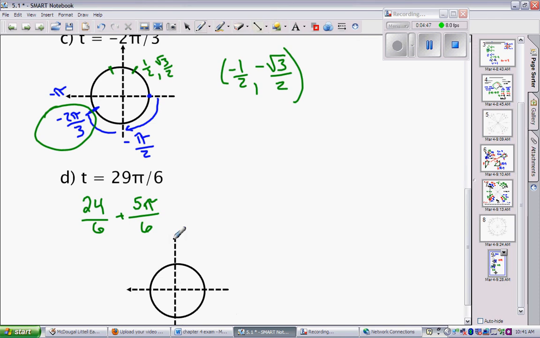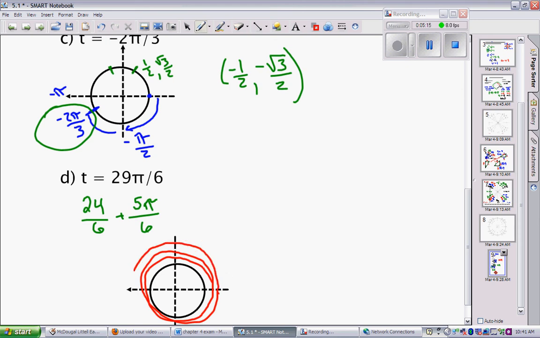The 4 pi over 6 turns into 4, so here's 2, and then 4, and then we got 5 pi over 6. Which is almost at 1.